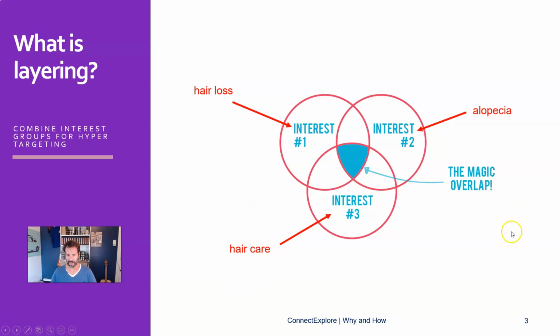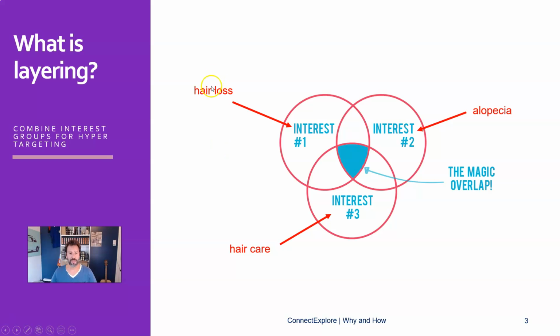So if you would combine these three interests, then this area would be, as they call it here, the magic overlap. So with ConnectExplore, you could easily target just this part. And obviously, this is where the people are that are actually interested in what I have to offer.